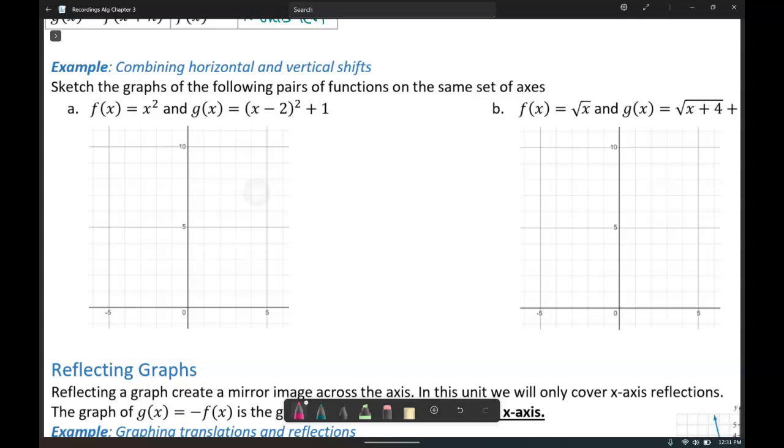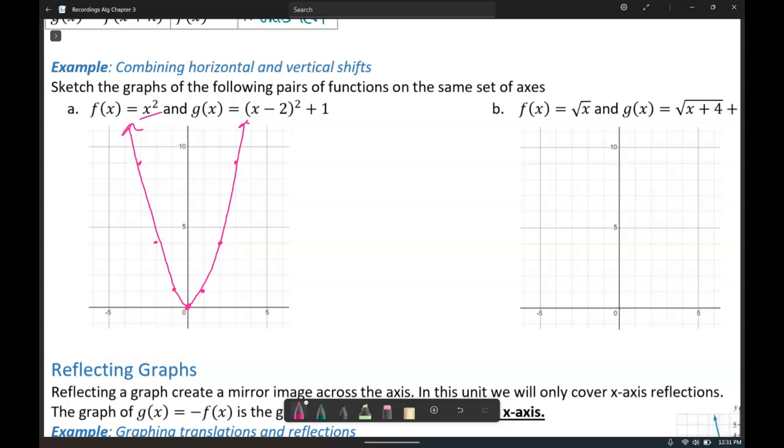So starting with our parent function x squared, something pretty basic, we have our parabola here. And so I can just quickly sketch the parent function. You want to get to the point where the parent functions are pretty quick and easy to sketch. When you're looking at graphs, you should be able to determine what the shifts are pretty easily.